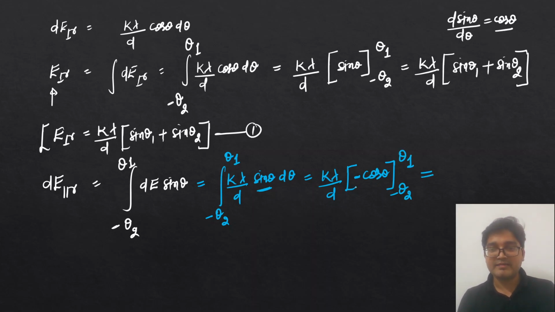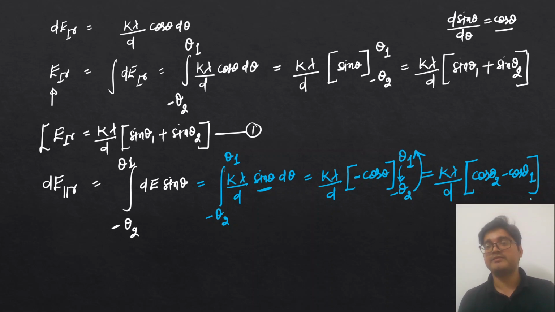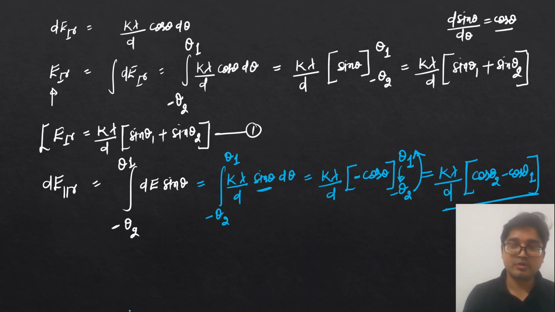Now I can manage this minus sign by interchanging the limits. This is a property of definite integrals. I hope and believe all of you have studied it. So this will be k lambda by d, and on managing this minus sign by interchanging the limits, it will become cos theta 2 minus cos theta 1. On putting the values, you get the parallel component as k lambda by d into cos theta 2 minus cos theta 1.